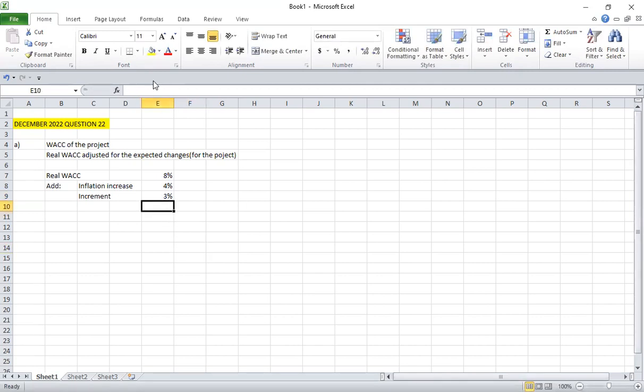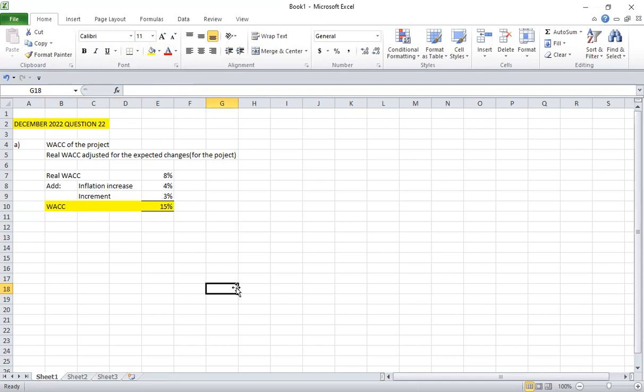If we have no other change, then of course we can proceed to add them. If we do that, then the answer to the question is this 15%. And so that is how you compute it.